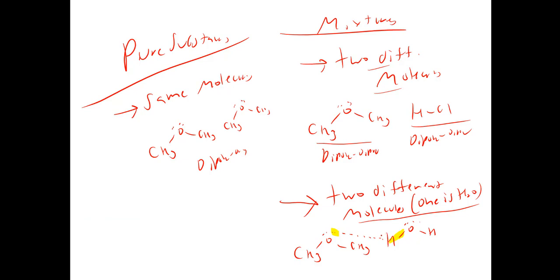So you'll notice the difference between the pure substance and the mixture with water. As a pure substance, it was dipole-dipole for that molecule. Over here on the right-hand side, when you're dealing with a mixture, unless it was water, then this dimethyl ether is still dipole-dipole.